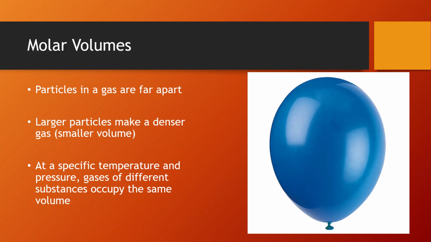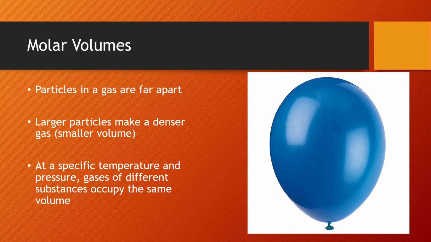But if you have a very dense gas, like let's say a balloon of chlorine, which is the absolute worst thing to give at a birthday party, that's actually going to be larger particles, and they'll make a denser gas, which is actually going to end up in a smaller volume. So small particles make a larger volume compared to their size, and large particles make a denser volume compared to their size.